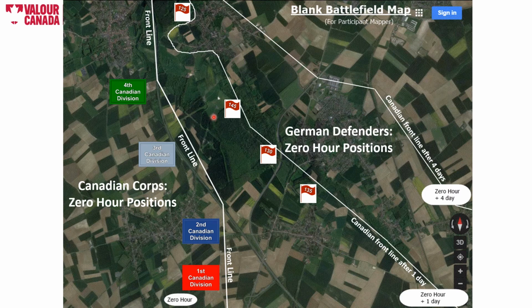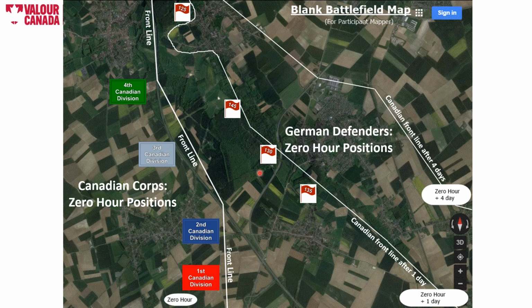Okay, 145 meters above sea level, which you'll recall from the presentation. This is the hill upon which the Vimy Memorial was built, and you can actually see it on this map. It's that white square right above my icon there that I'm moving around. So this is the location of the Vimy National Monument.